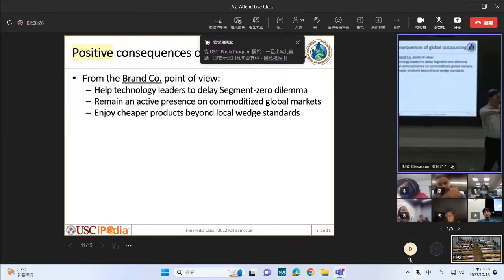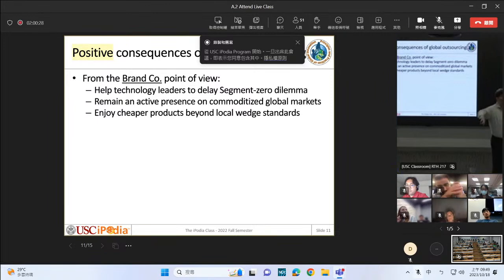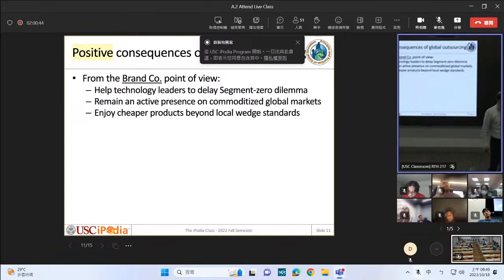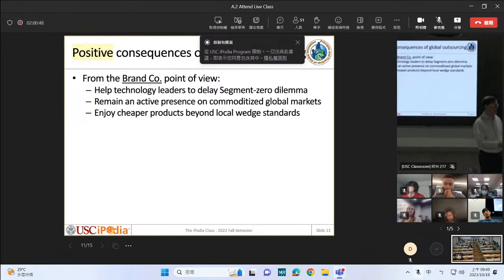So the wage and price start to decouple. In other words, people with low wage locally can still buy very good product. Imported, that's the only difference. You understand the point? So this actually created a major problem for the brand company.